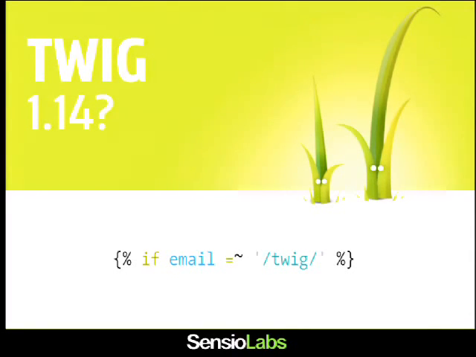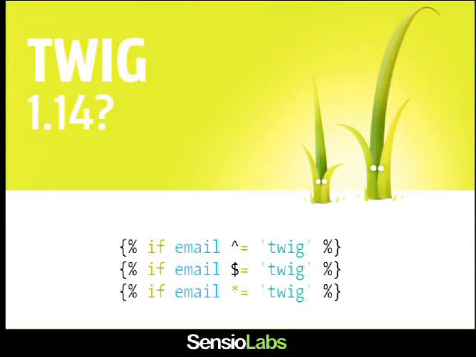Yeah, so the question is, instead of adding a new operator, what about adding a new filter? Instead of defining these operators, we can add a filter starts with or ends with or contains. The thing is, a filter modifies a value.